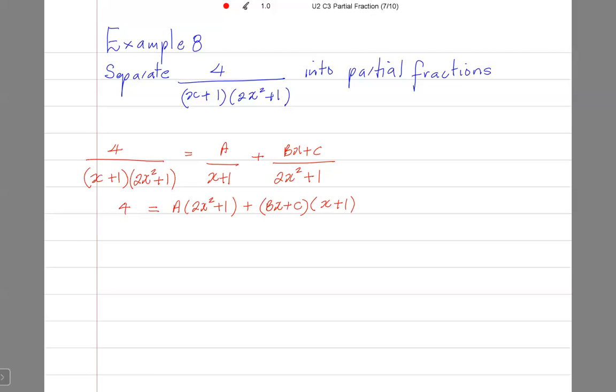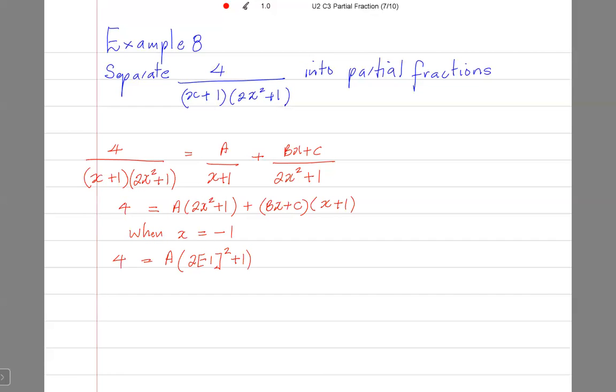That's my objective. So if I say when x is equal to -1, I can get rid of B and C and just leave A. So when x is equal to -1, I'm going to have 4 is equal to A into 2 times -1 squared plus 1.